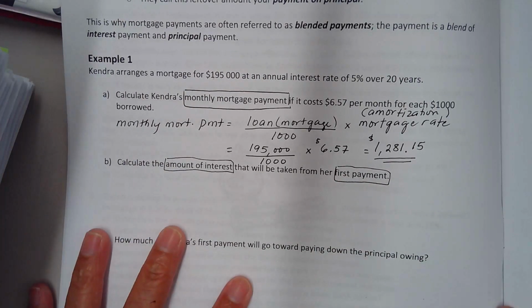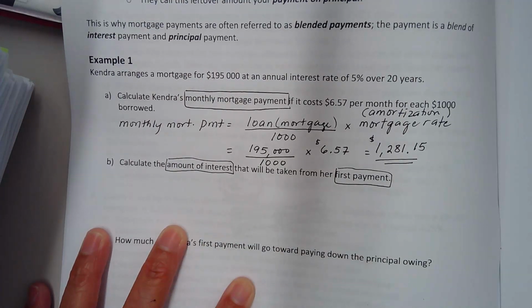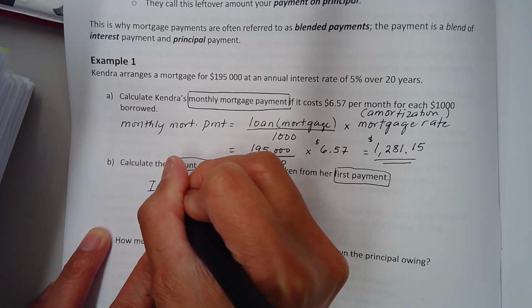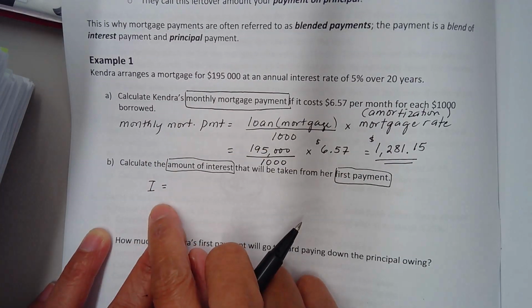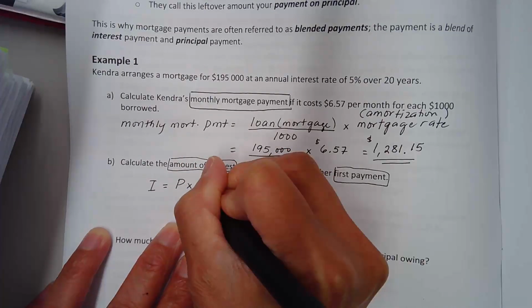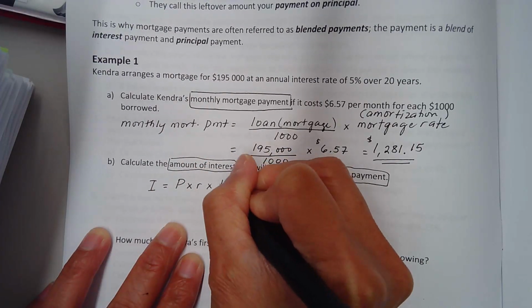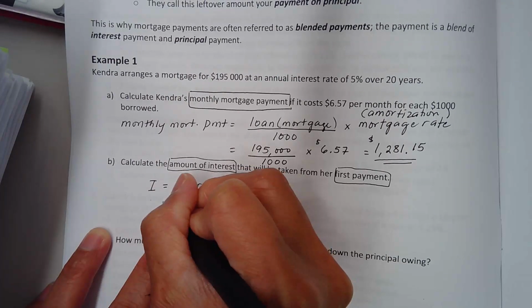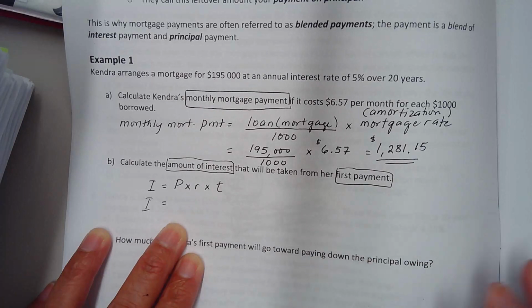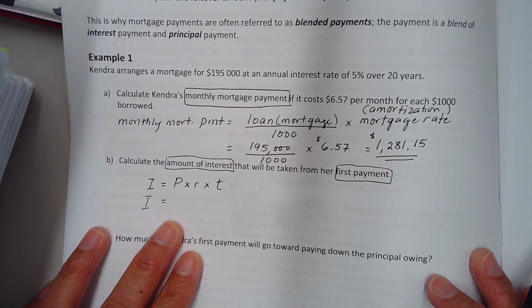Here's the strategy that we're going to use. Interest is equal to principal times rate times time.